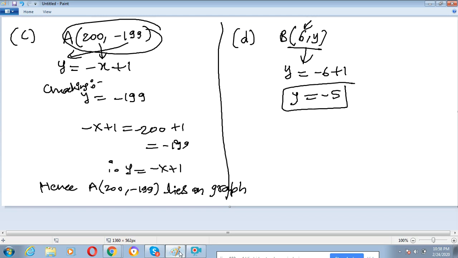2, 0. No, one by one. Tell me where it meets the x-axis. 0, -4. You mean to say -4, right? No, that's not the correct answer. Can you see the graph and tell me where it meets the x-axis? In your graph, at what point is your graph cutting the x-axis?